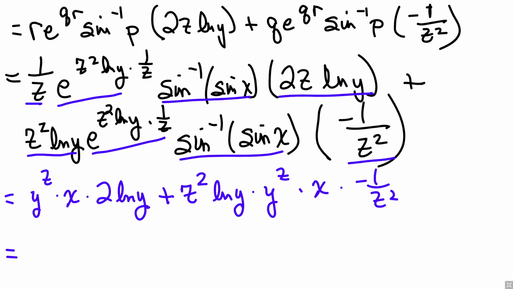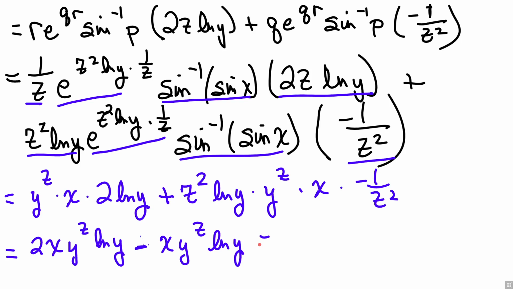So in the final cleanup, we can write this as 2x y to the z times the natural log of y plus, or actually it's going to end up being minus, x y to the z times the natural log of y.